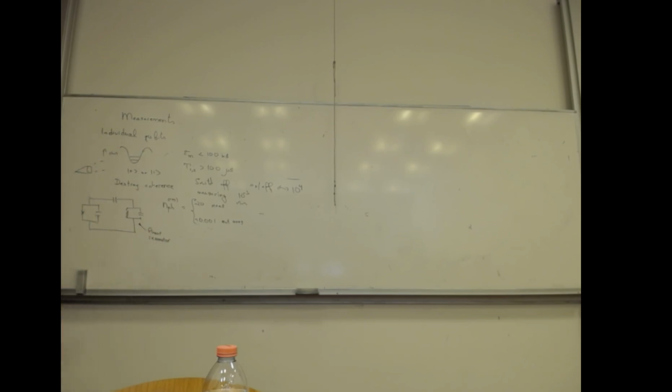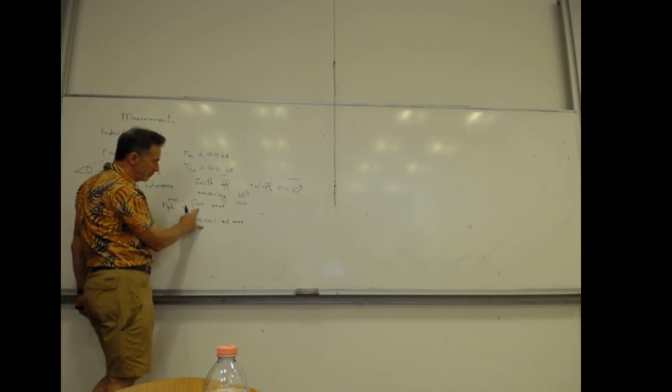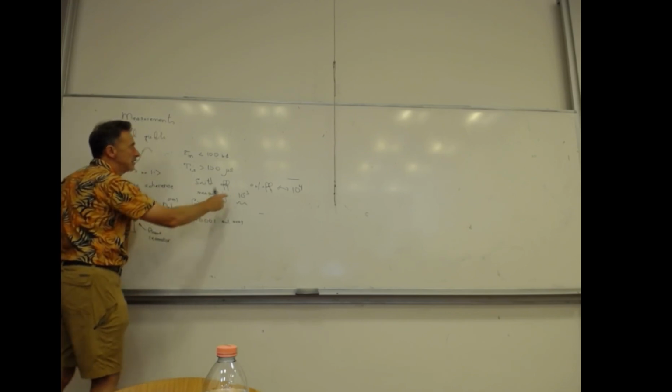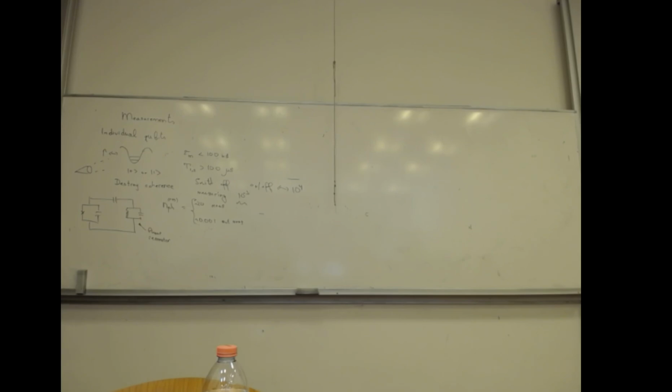Now, the second part of that is the main conceptual idea: the parameter which controls this on-off is the number of photons in this resonator. What is the number of photons?